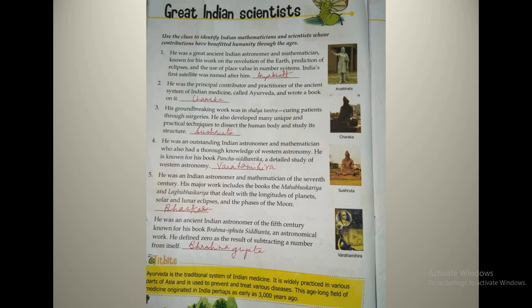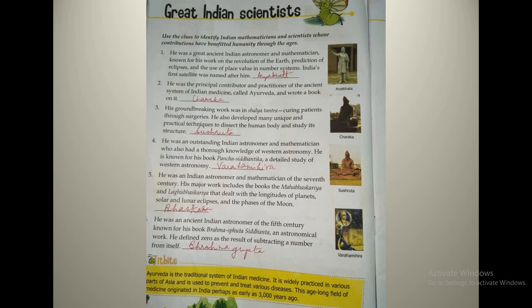Now here his work is also described. He is an Indian astronomer and mathematician, and he is known for his work on the revolution of Earth, how the Earth moves around the sun, right? When the Earth moves around the sun, it is revolution, right?